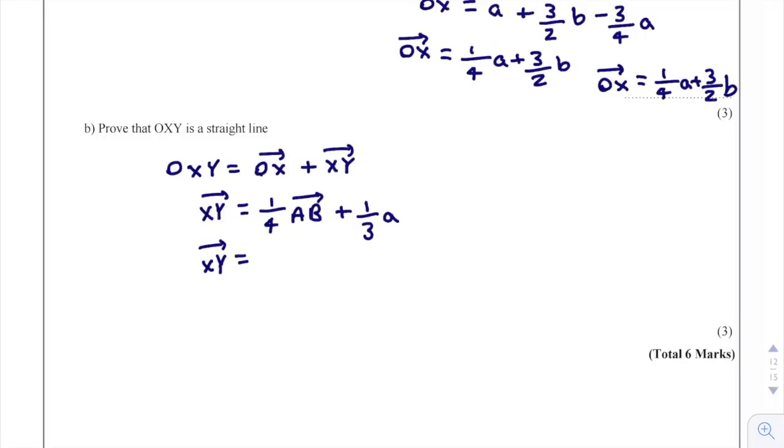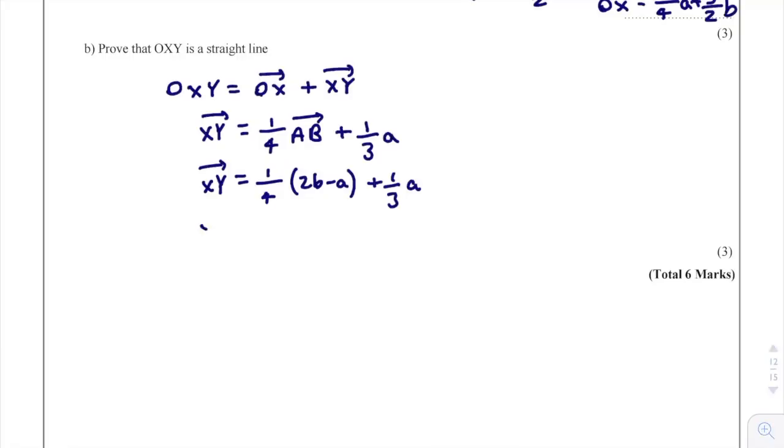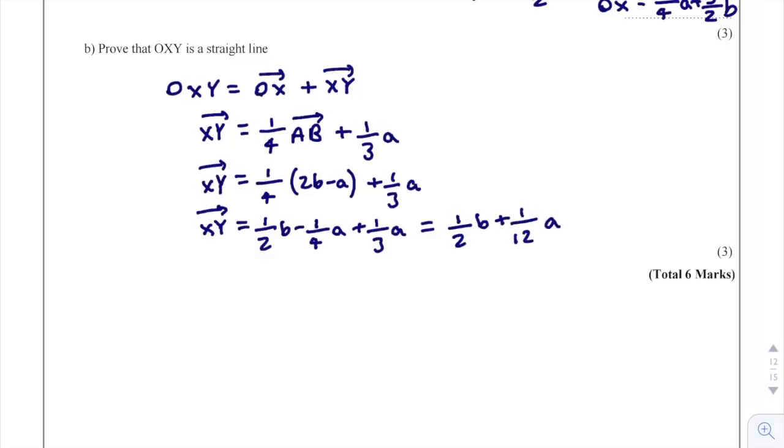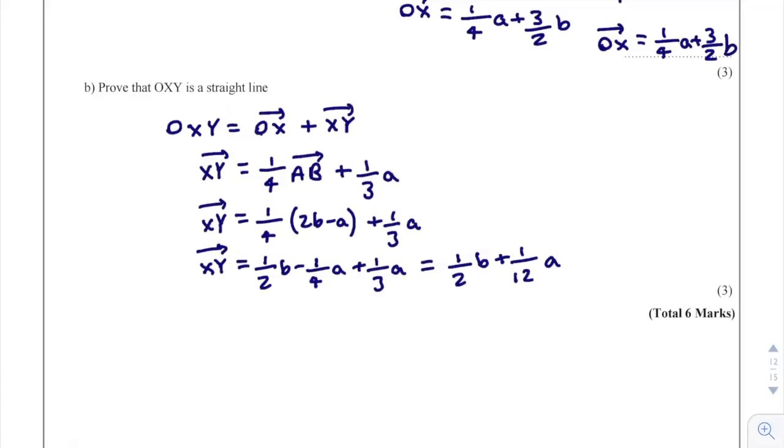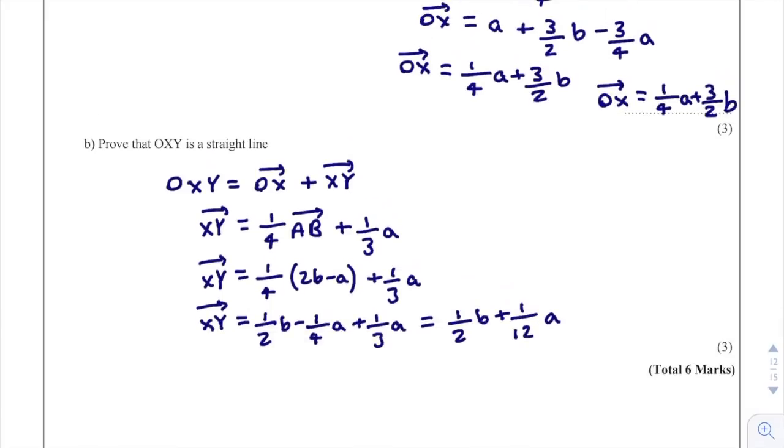If we simplify this, we get a quarter of the vector A to B, which is 2B minus A, plus a third of A. That simplifies to a half B minus a quarter A plus a third A. And that all simplifies to a half B plus a 12th A. Now, in order to prove that OXY is a straight line, I said here that it's made up of the vectors O to X and X to Y. We're going to need to prove that both of these vectors have the same direction.